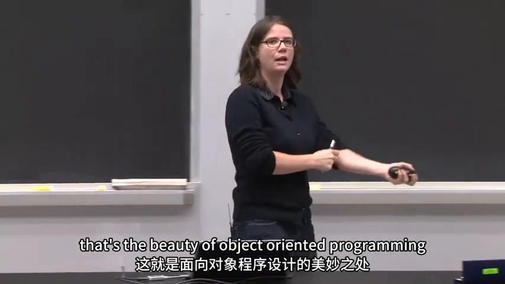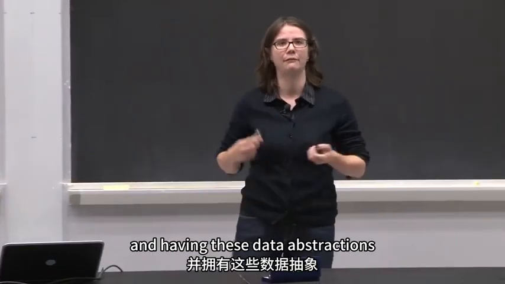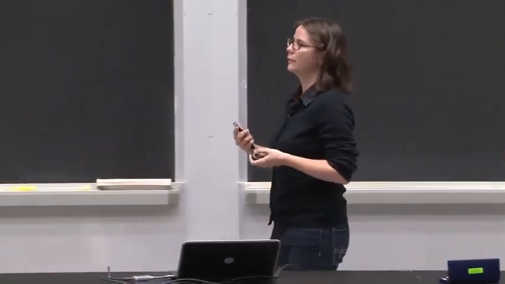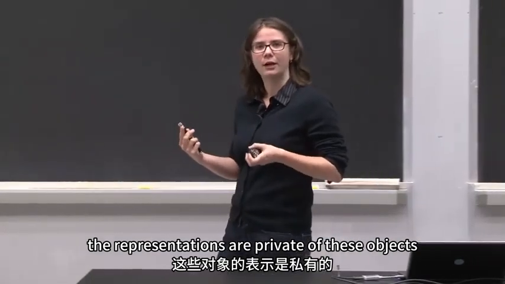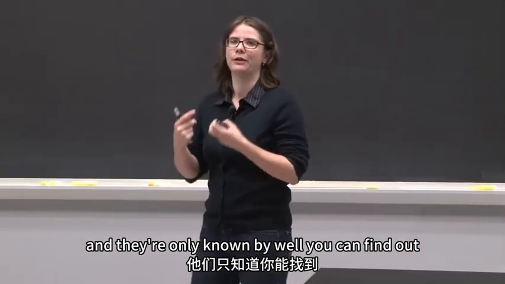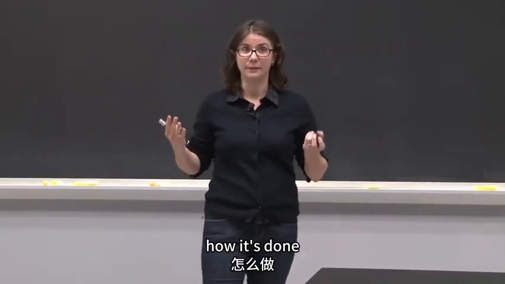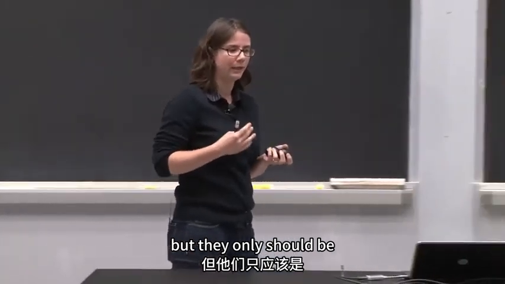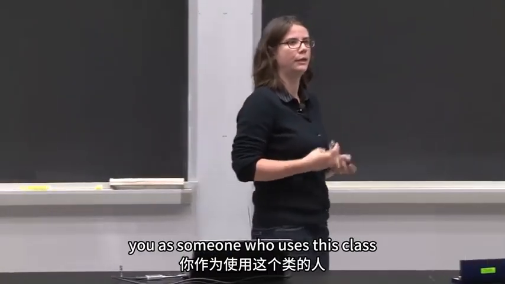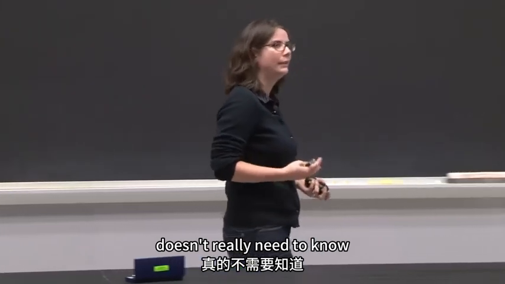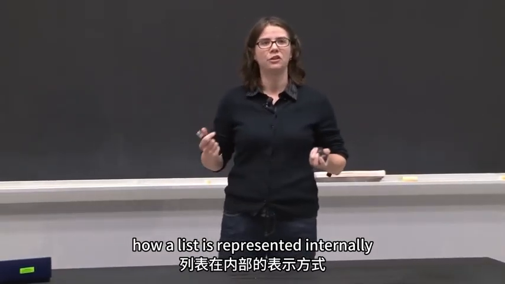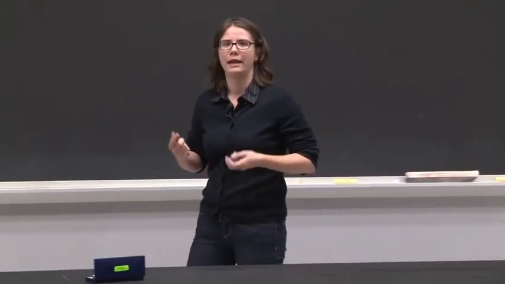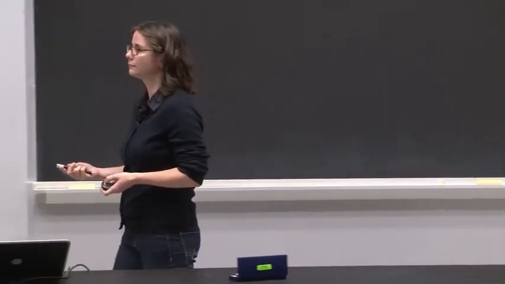That's the beauty of object-oriented programming and having these data abstractions. The representations are private to these objects, and you can find out how it's done, but they only should be known by whoever implemented them. Right? You, as someone who uses this class, don't really need to know how a list is represented internally in order to be able to use it and to write cool programs with them.